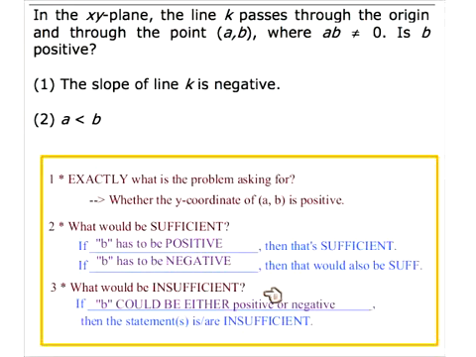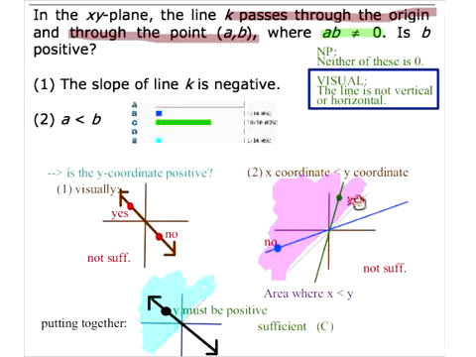We don't really care about quadrants. We just care whether our point has to have a positive y or a negative y. If y must be positive, then sufficient. If y must be negative, then sufficient. If y could be either positive or negative, then not. So if you look at these two possibilities drawn right here, this one's got a y that's positive, and that one's got a y that's negative. So that's insufficient.